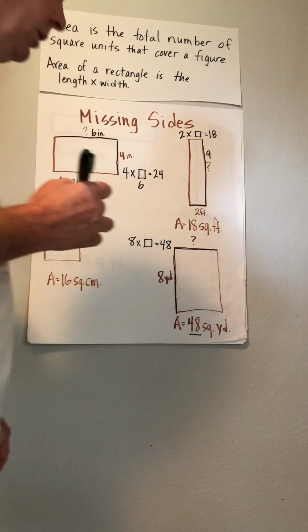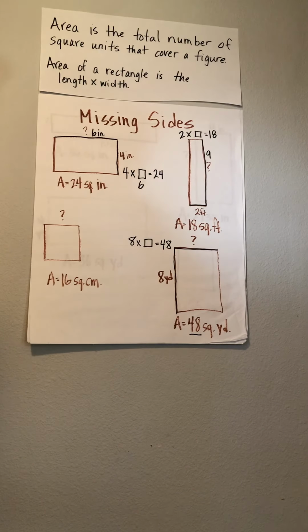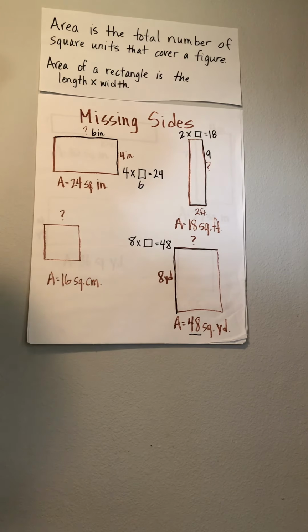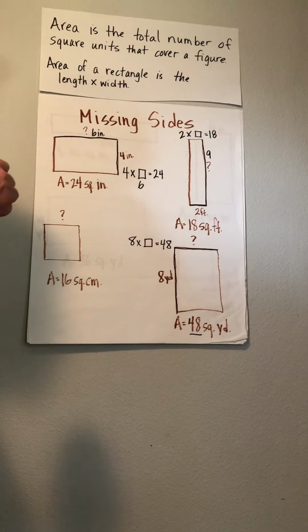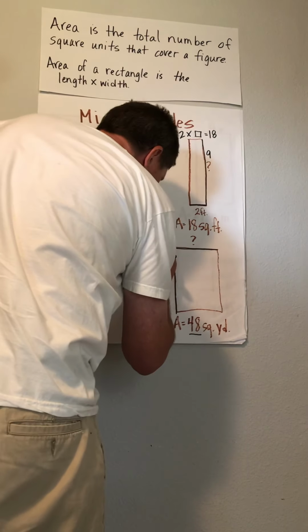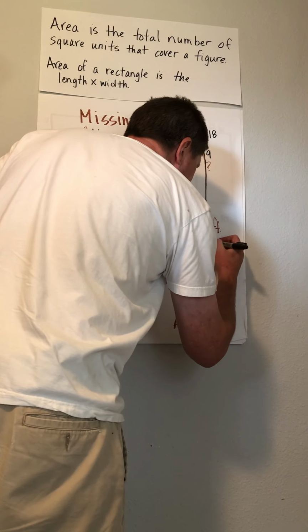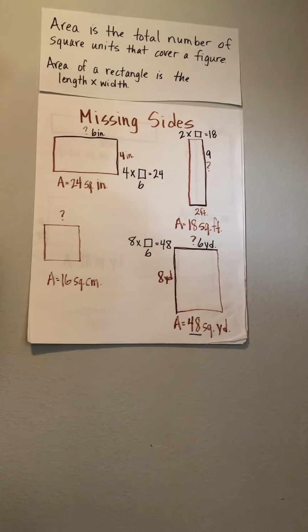I want you to look past table 4, visualize that multiplication chart, and figure out 8 times what equals 48. And I'm sure it just popped into your little brains that it is 6. So this side is 6 yards.